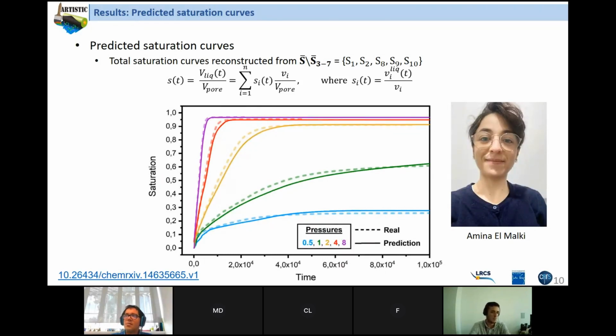So in LBM, you can vary the density of the fluids, the density of both fluids in this case of air and liquid, the contact angle, the viscosity, and of course the pressure. And so yeah, now we are trying to find a more generalized model for these saturation curves.